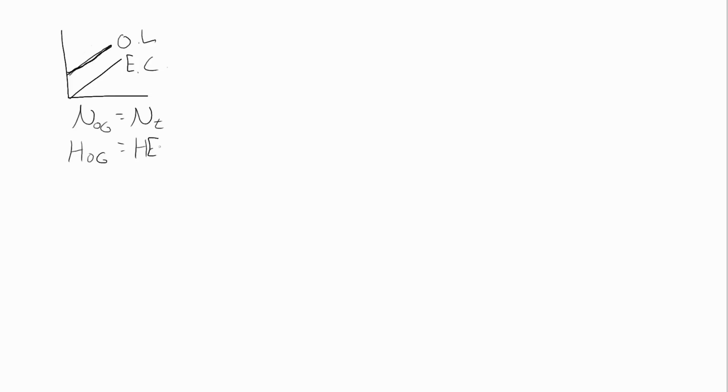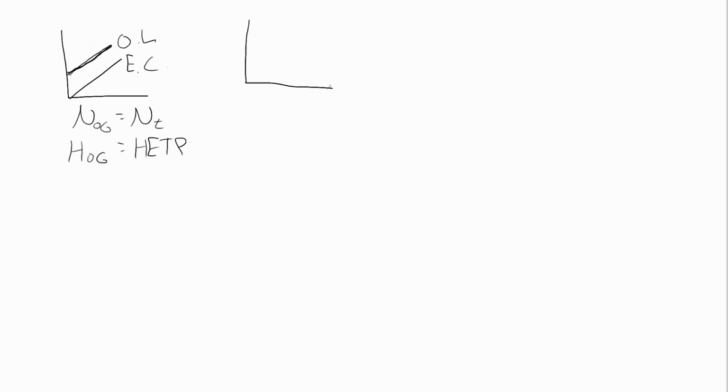if the equilibrium curve and the operating line are parallel and straight lines, close enough, then we have NOG equal to NT, and of course, HOG then becomes equal to the height equivalent to a theoretical plate.